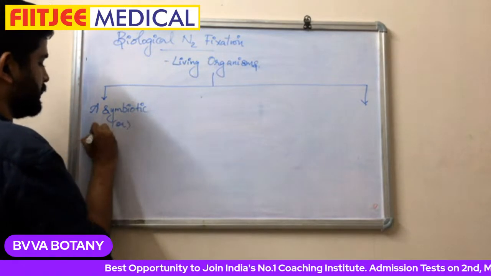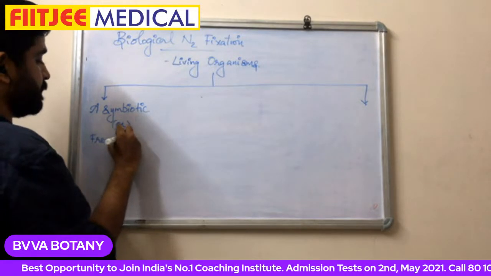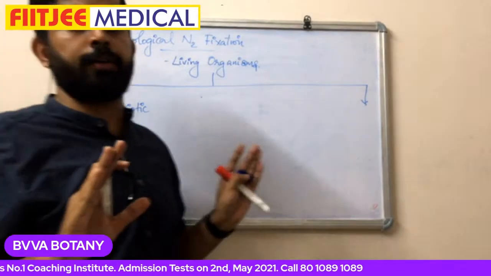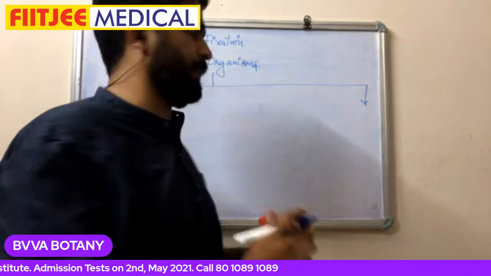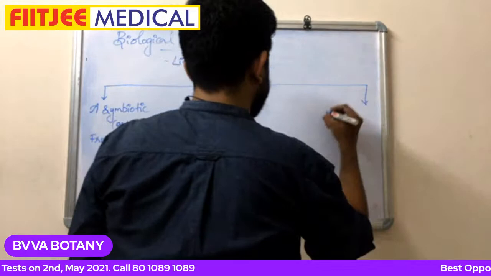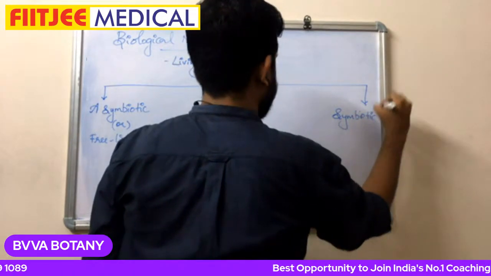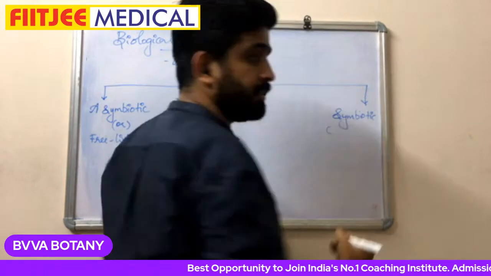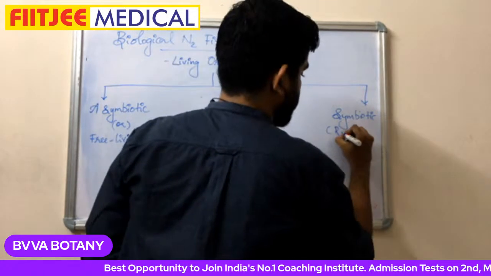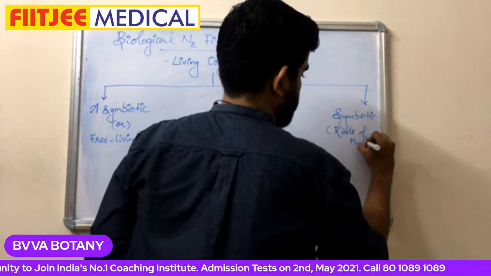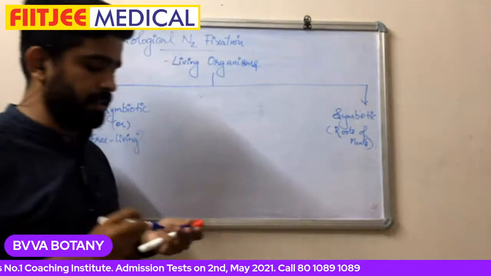We can also call them free-living, which means they are not associated with any organisms. It is free. The next one is symbiotic. Symbiotic means mostly it will be found in association with the roots of the plants.